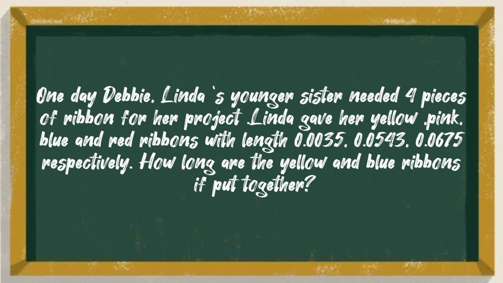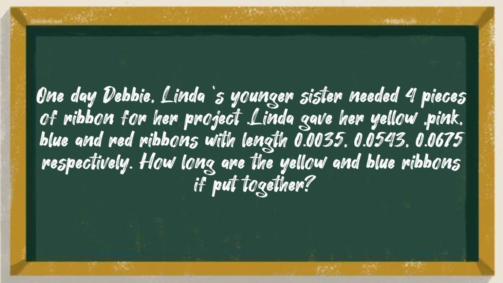In this given problem, what do you think is the number sentence that we are going to use to solve this problem? Exactly. The question is, how long are the yellow and blue ribbons if put together?